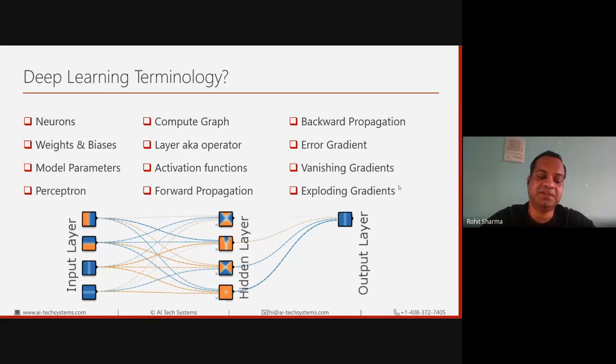And perceptron is another name for a simplified network. Compute graph is essentially the way you compute the information. So you have some information packed in the form of a tensor or a matrix or a vector that you need to take through and compute. It could be as simple as addition and multiplication, right? Like I said in the last slide, you have W, you have X, which is an input, and B, which is a bias.